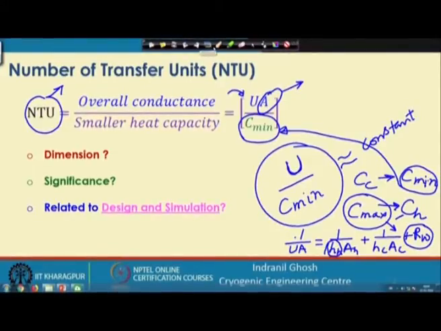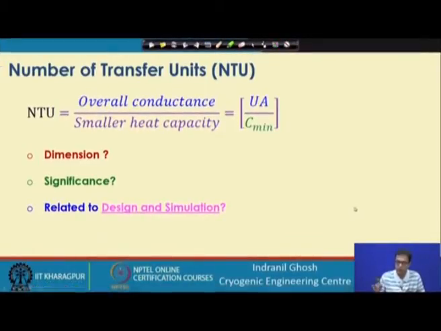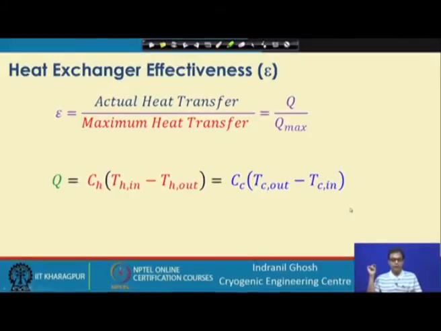So, first of all, we need to look into the definition of the epsilon, or the effectiveness of the heat exchanger. The effectiveness of the heat exchanger is defined as the actual heat transfer to the maximum heat that can be transferred in the heat exchanger.